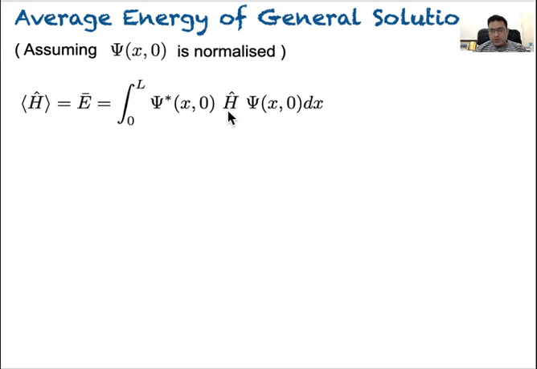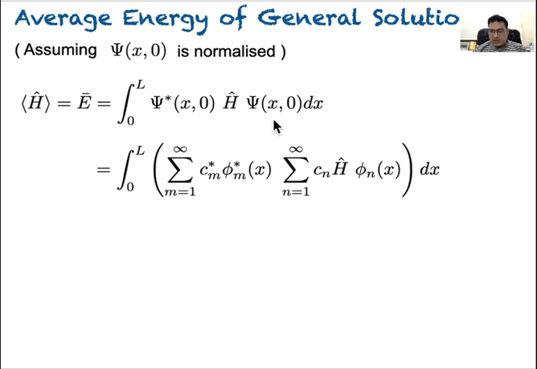We know what this is going to be, we have seen it in the previous slide. So we can expand psi of x, 0 in terms of the Cn phi n, summation over n, and Cn is a coefficient, so we can take it out, H can operate here, and it will be En times phi n. And this psi star of x, 0 is written as Cm star phi m star, with summation over m.